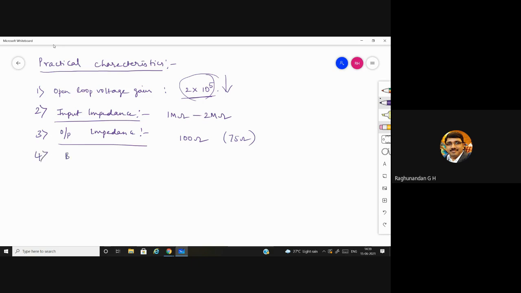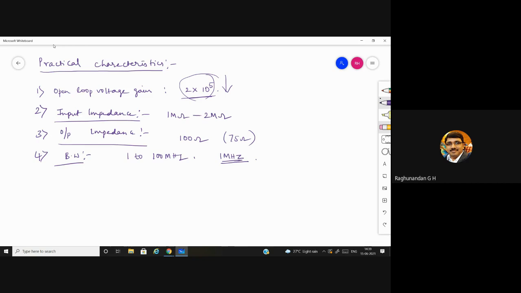Next is the bandwidth. Bandwidth was told to be infinity, but bandwidth cannot be infinity. The range is from 1 to 100 megahertz, or typically 1 megahertz.